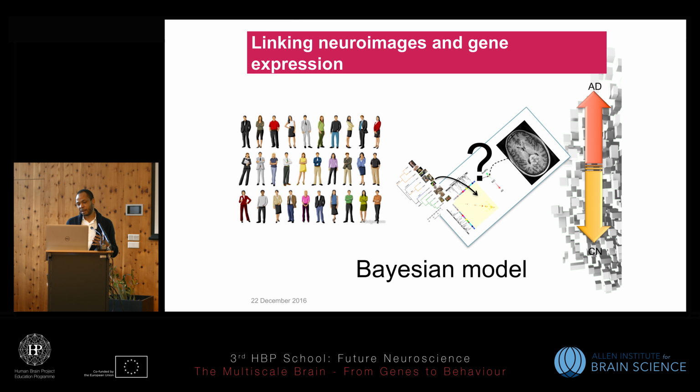And what we found out, very interestingly, is that the interaction between neuroimaging and genes gives more power to the analysis, because neuroimaging is quite powerful. If you compare, for example, 10 patients versus 10 controls, you have a very strong signal.